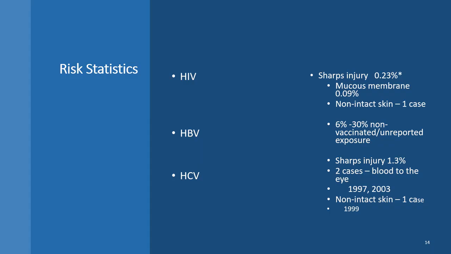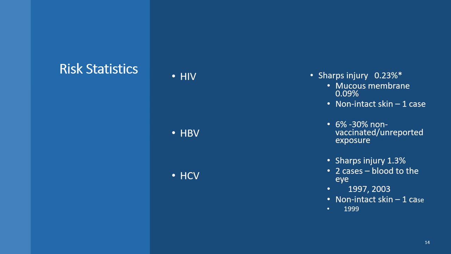When looking at our statistics for acquiring a bloodborne pathogen because of an exposure, let's take a look at where we are. If you have a sharps injury and the patient is HIV positive, and this would be a sharps injury involving a large gauge hollow bore needle that had been in the patient's vein or artery, your risk is 0.23%. Blood splatter to the eye, 0.09%.